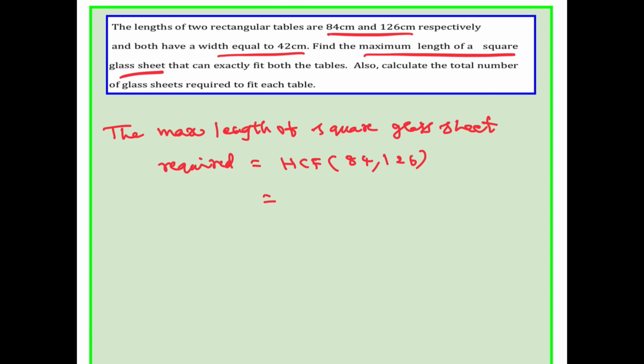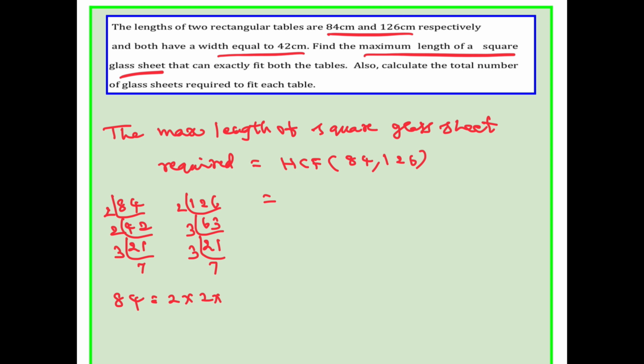84 can be factorized: 2 twos, 2 twenty-ones, 3 sevens. 126 can be factorized: 2 sixty-threes, 3 twenty-ones, 3 sevens. 84 can be written as 2 into 2 into 3 into 7. 126 can be written as 2 into 3 into 3 into 7.